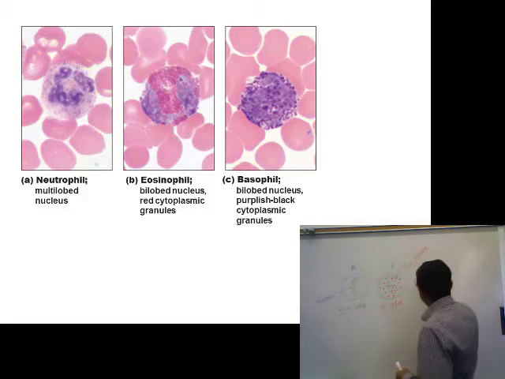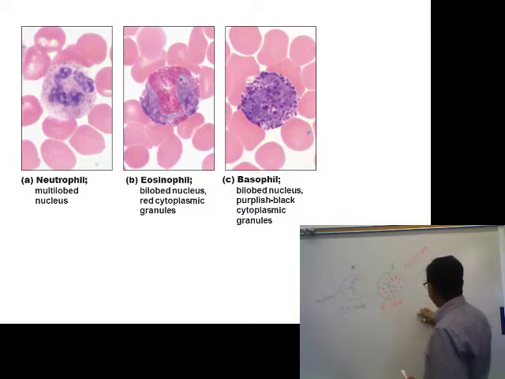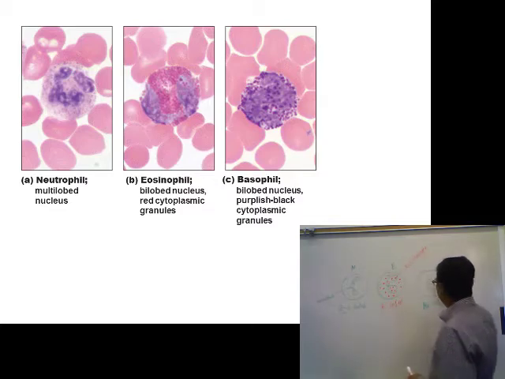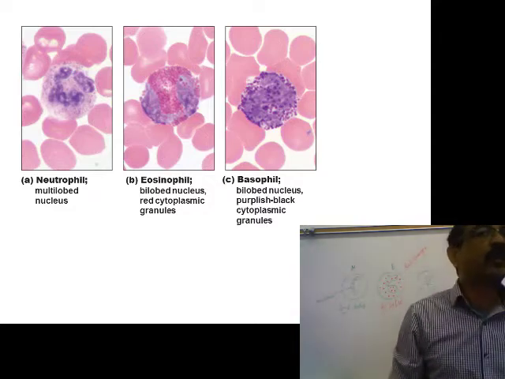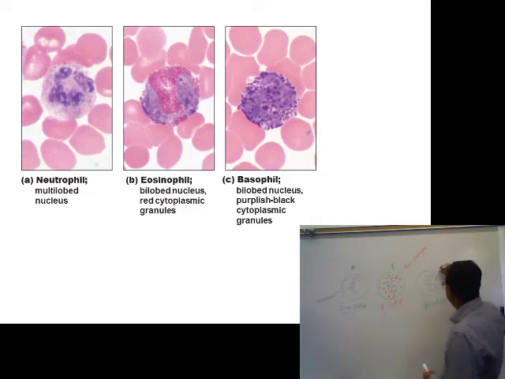Basophil. Basophil is also usually bilobed. But the granules take basic stain, which is purple or bluish color.